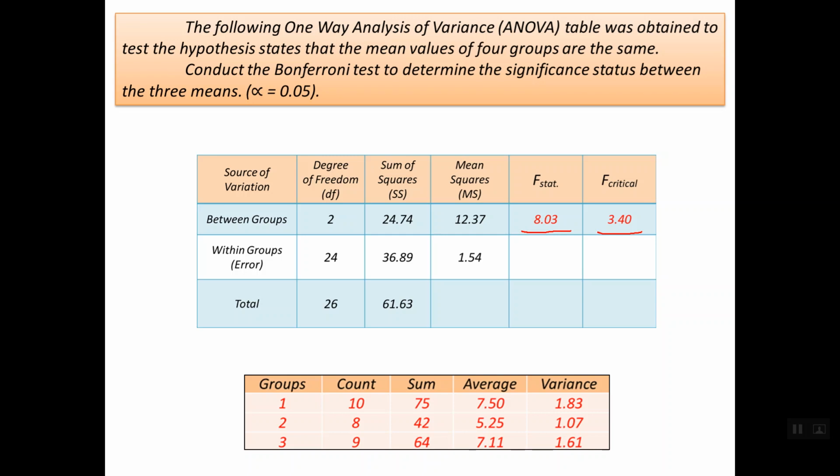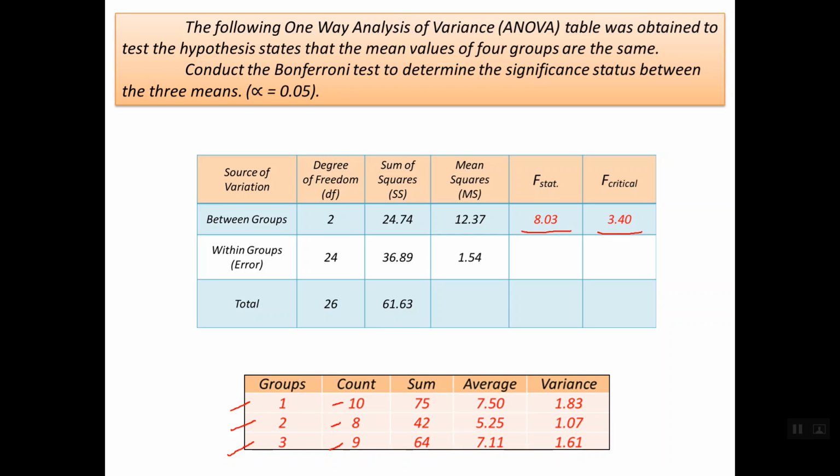In the table below we have the details for the three groups: group 1, 2 and 3. And if you see, the sample size for each group is not the same. For group 1 it's 10, while for group 2 it's 8, while for group 3 it's 9.